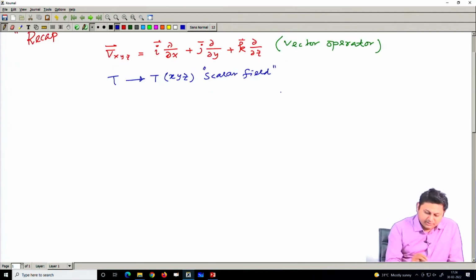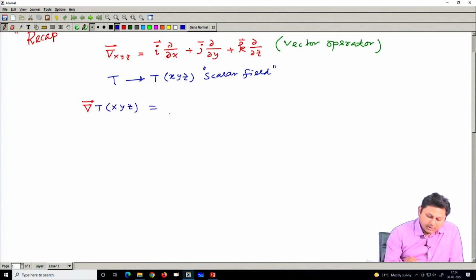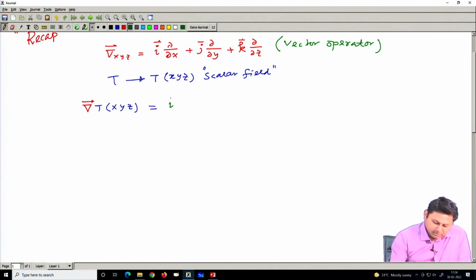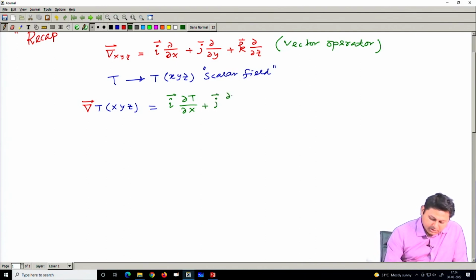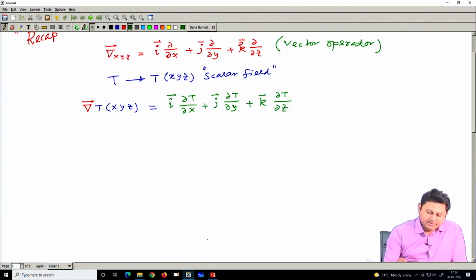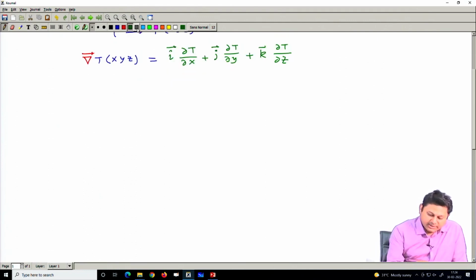Now, I can operate this operator over that T(x, y, z) and it gives rise to i ∂T/∂x plus j ∂T/∂y plus k ∂T/∂z. Now, this quantity is a vector quantity.